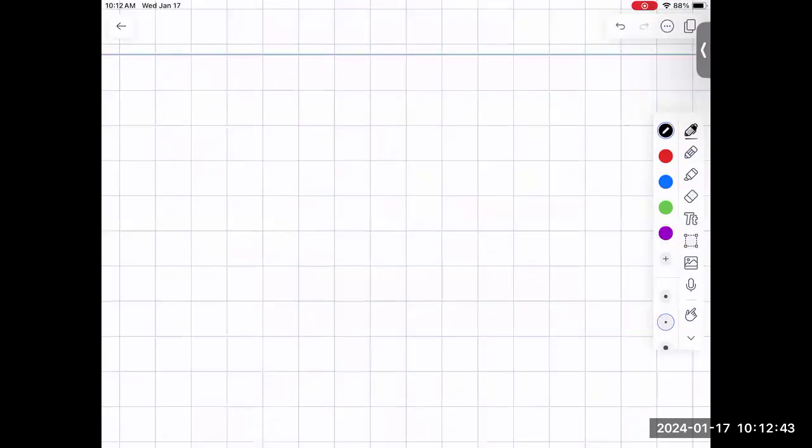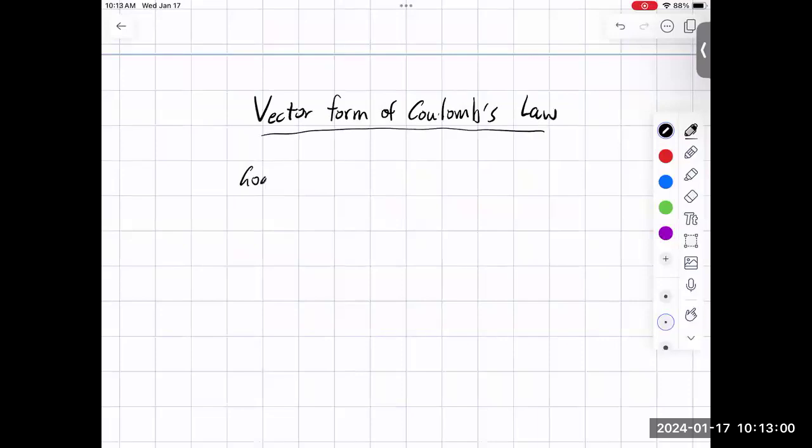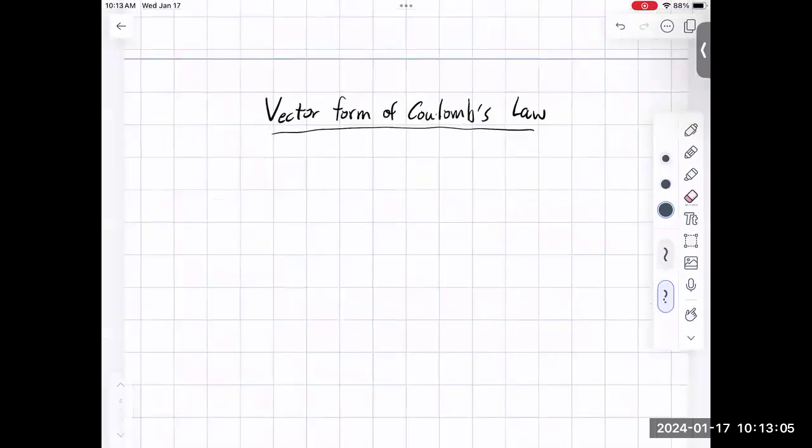How do we go about including the direction? So, the vector form of Coulomb's law. All right, so the goal is to include direction information.